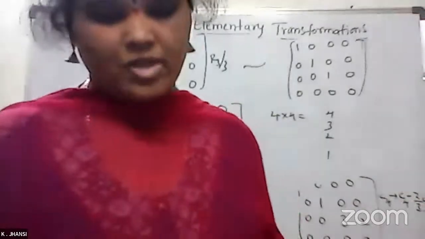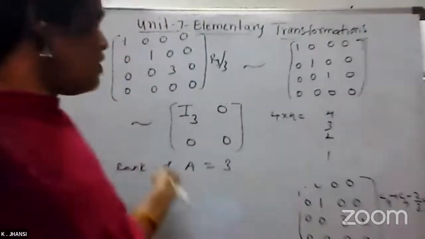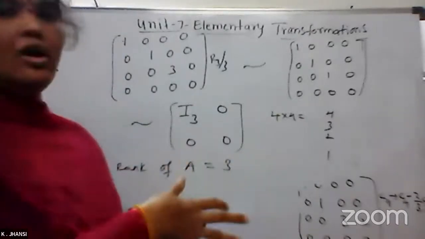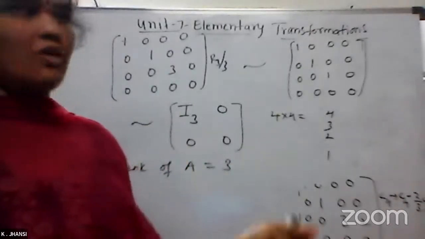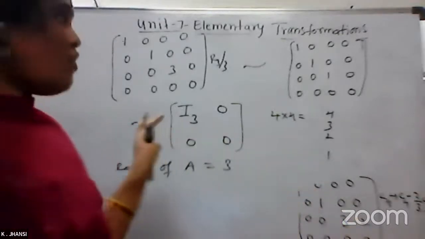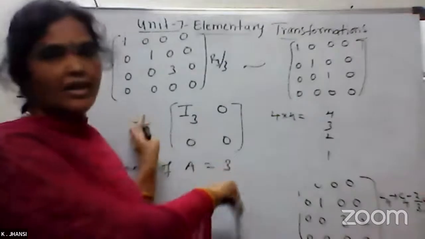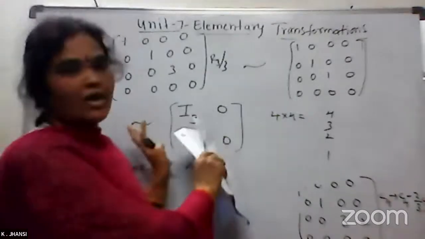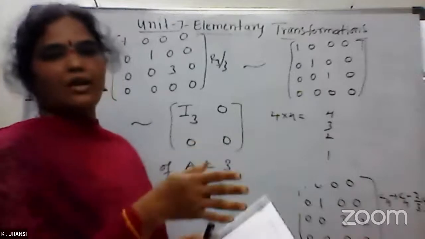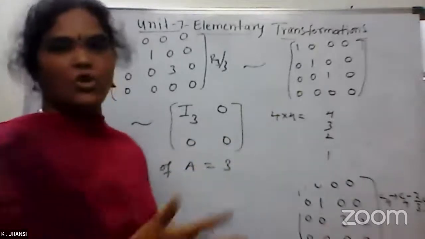You also have the chance of multiple choice questions, match the following, and in the fill in the blanks they may ask what is the rank of the zero matrix or null matrix, or what is the rank of a 1 by 1 matrix, or if it is a singular matrix, then what is the rank? If it is a non-singular matrix, then what is the rank?